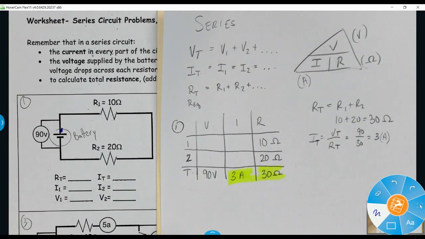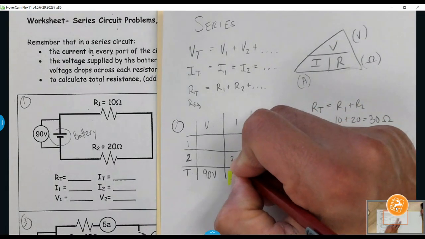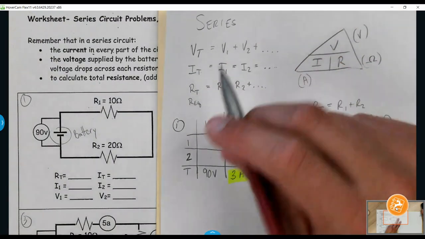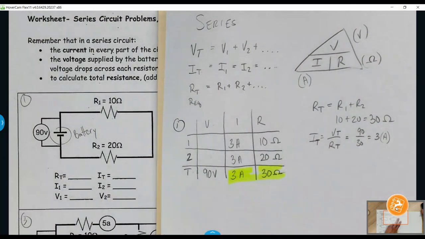Why? Because the current really only has one pathway to take all the way around. So that is why once you know it at any single point, the current in a series circuit is the same everywhere. So no math is needed. Basing off the rules, these are 3 amps, 3 amps, and 3 amps.